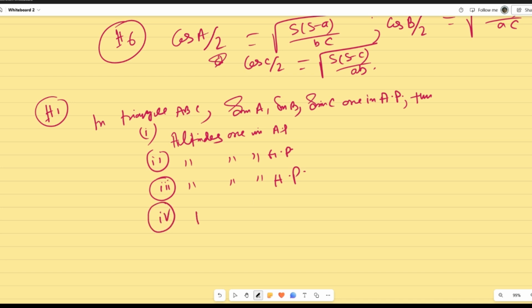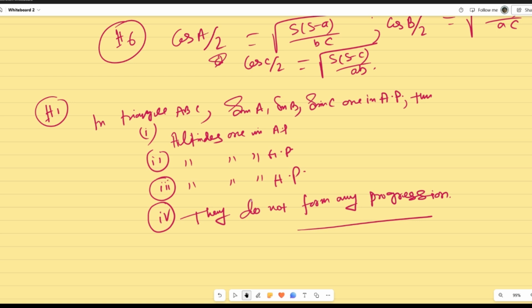Number 4, they do not form any progression. So how do you start with this?